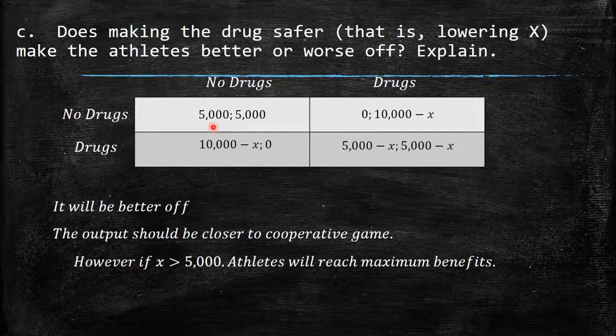So it depends how you explain your answer, because absolutely when x is lower, you will receive a better payment for drugs, right? But if x is high enough, higher than 5,000, automatically this should no longer be a Nash equilibrium. So then no drugs should be better. So for me both should be the answer.